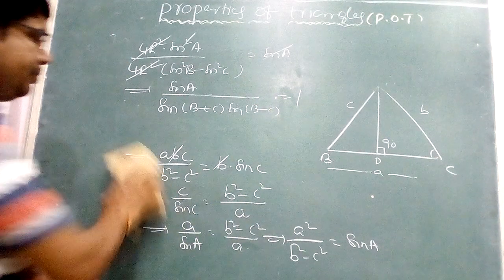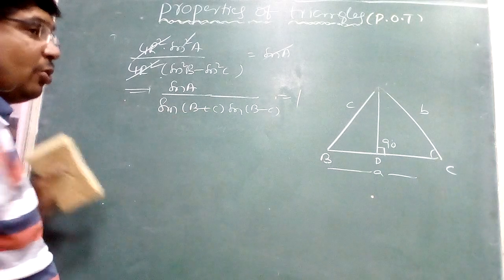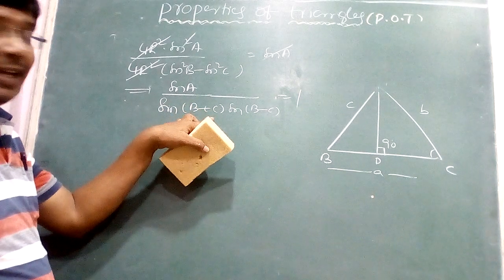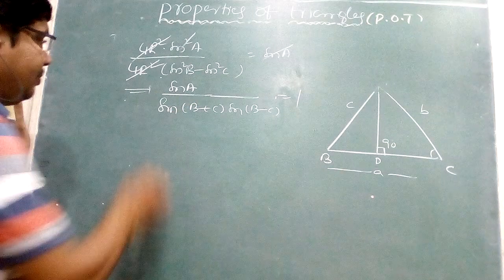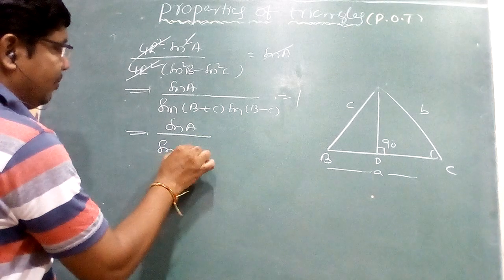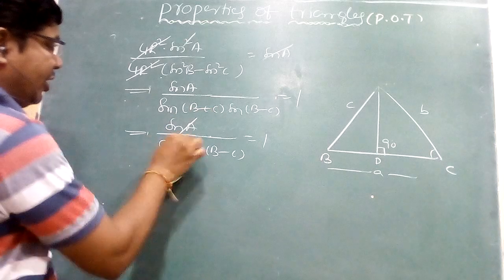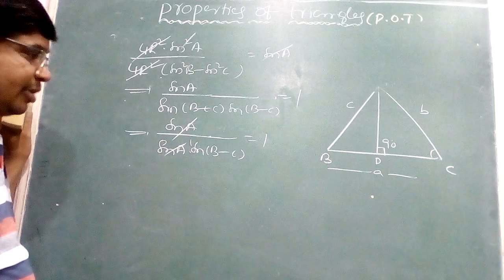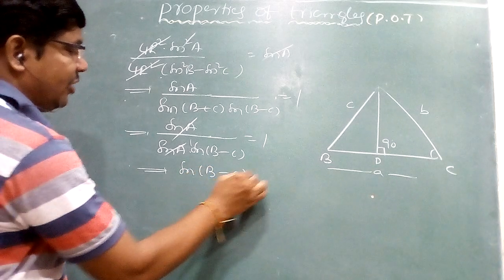Now, A plus B plus C equal to 180, so B plus C equal to 180 minus A. Sin of 180 minus A is sin A only, in the second quadrant sin is positive. Sin A by sin A into sin of (B minus C) is equal to 1. Eliminating sin A in numerator and denominator, sin of (B minus C) is equal to 1.